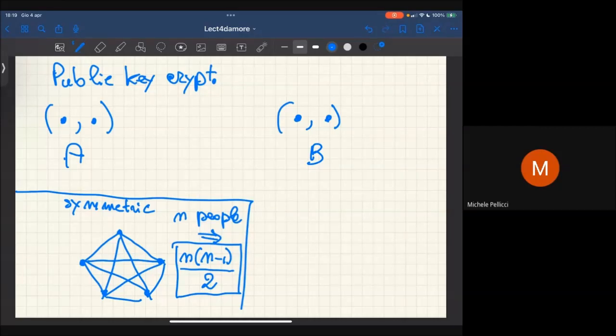I mean that this key is related to this other key. This means that every single person, like Alice in this case, is having a pair of keys that is related by some mathematical properties. To remind the relationship, I draw this arrow here.